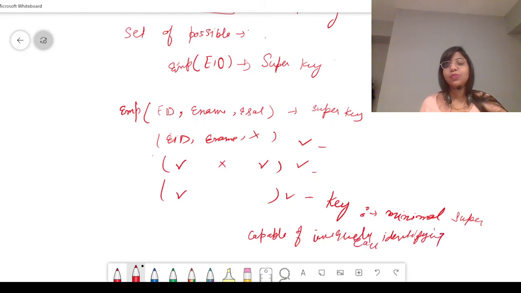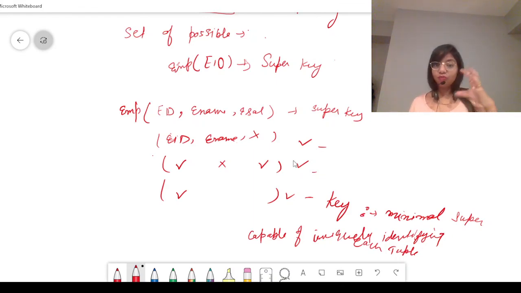If we have multiple super keys, we can choose any one from them as the minimal super key that is capable of uniquely identifying each tuple. In the table we will underline the attribute to show that it is a key.